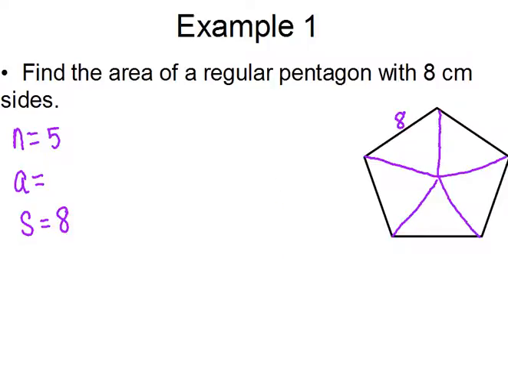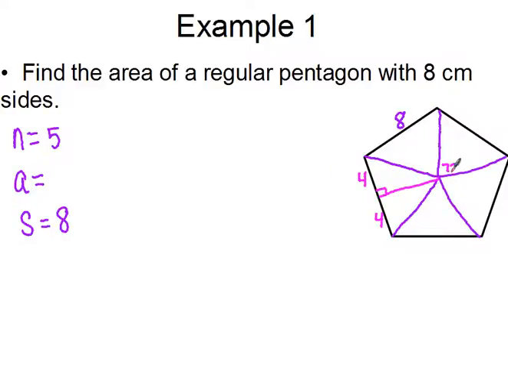Okay, so if we draw the apothem right here, that splits that 8 in half, makes this 4 and 4, right? We need an angle in here. Okay, so we started with 5 angles in the middle. So we take 360 divided by 5, we get 72.